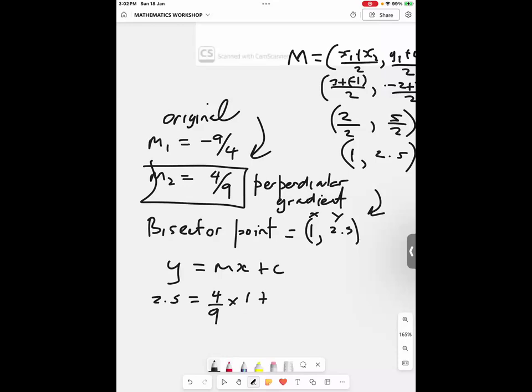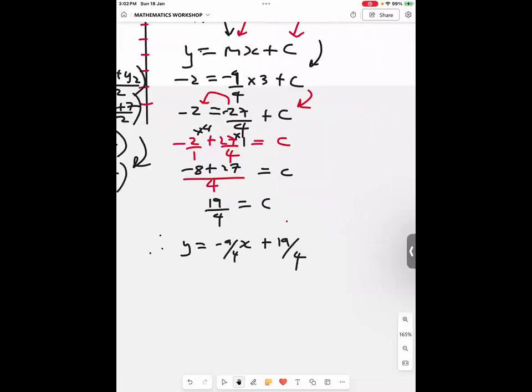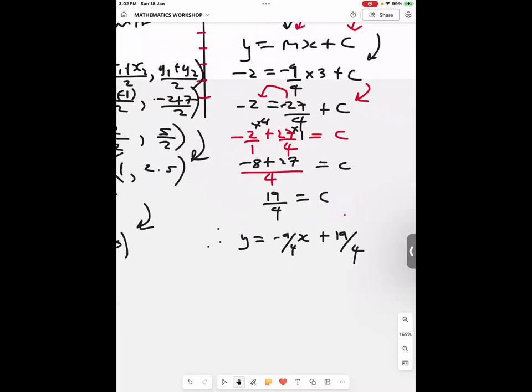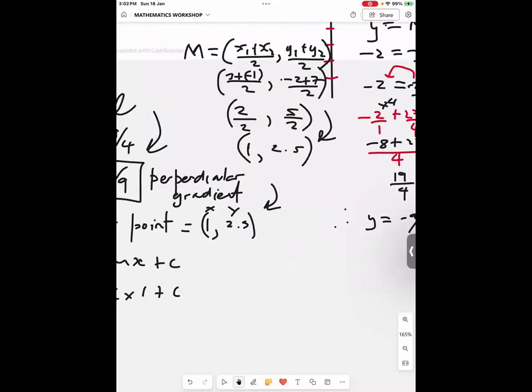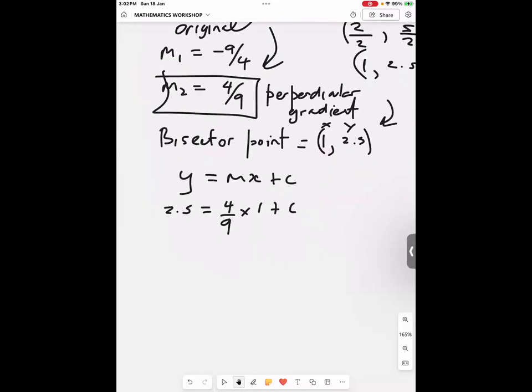And then I'm going to add c, plus c. So remember, it's a new line now, guys. Maybe some of you are saying, sir, didn't you find c already as 19 over 4? That's the c that matches with the line AB. I'm not looking for the c value of AB. I'm looking for the c value of the perpendicular bisector. So that's a different c value.